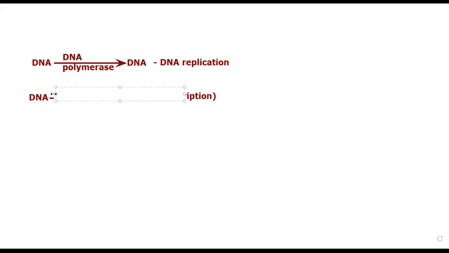The only way to produce RNA in a cell is that it should be made from DNA. And the enzyme involved here is called RNA polymerase. I am marking only the main enzyme, just for an idea.